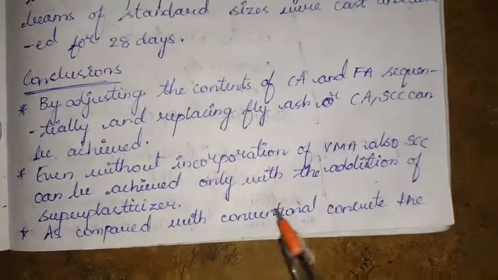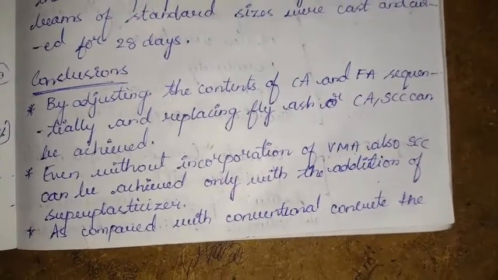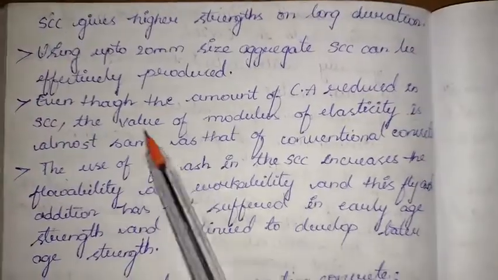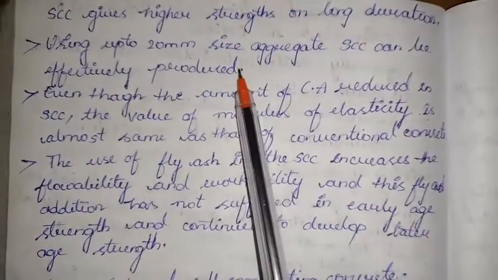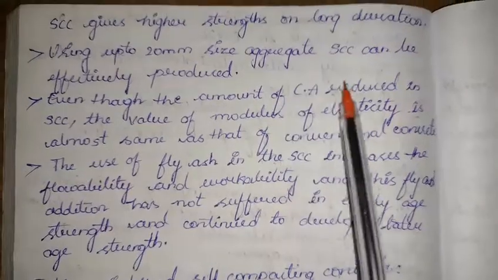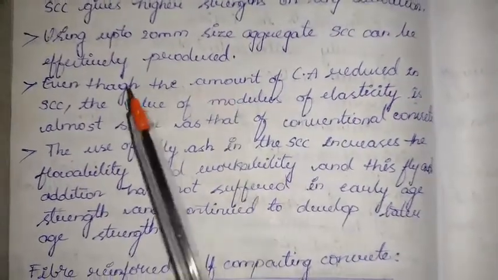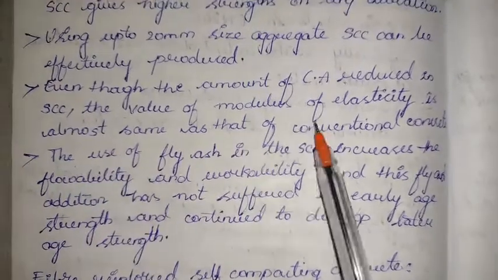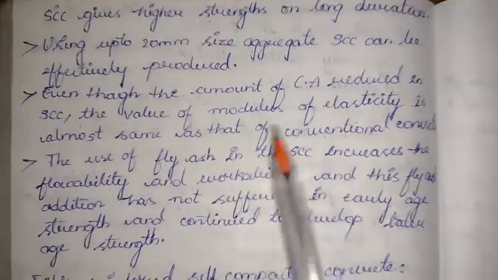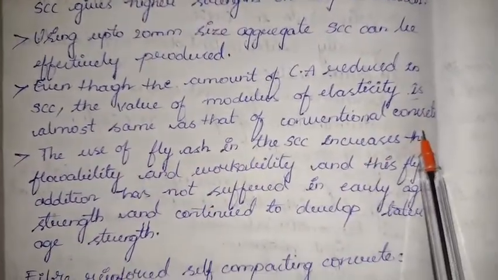As compared with conventional concrete, SCC gives higher strengths on long duration. Using up to 20 mm size aggregate, SCC can be effectively produced. Even though the amount of coarse aggregate is reduced in SCC, the value of modulus of elasticity is almost the same as that of conventional concrete.